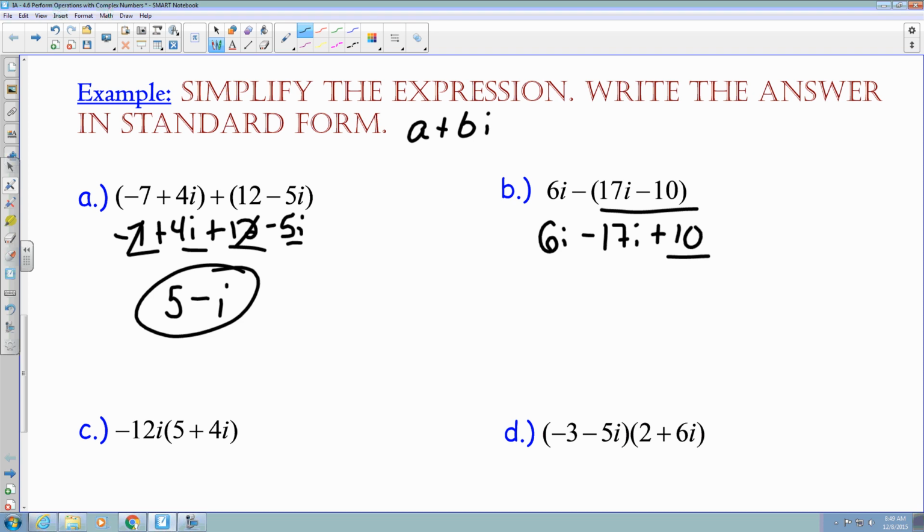I have just the one real number term, 10, and 6i minus 17i is going to give us -11i.